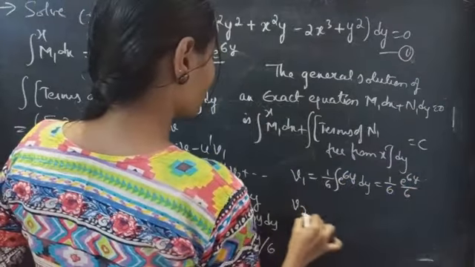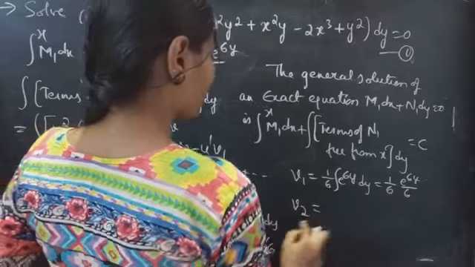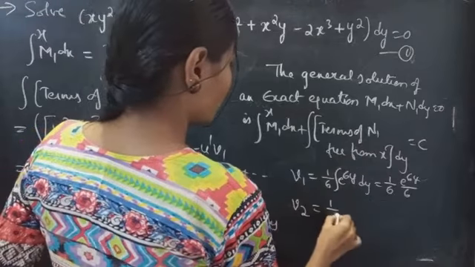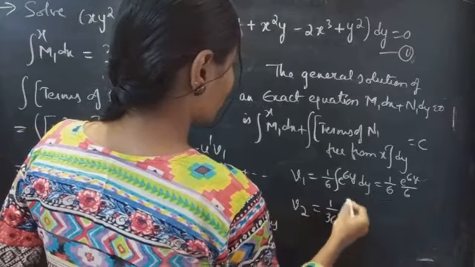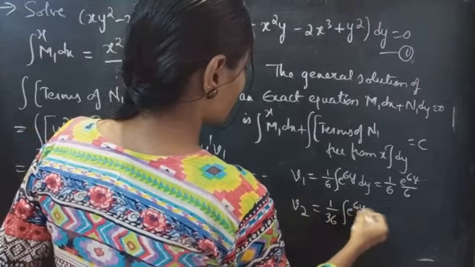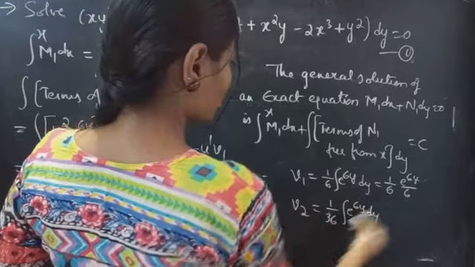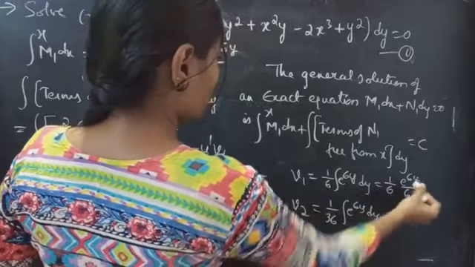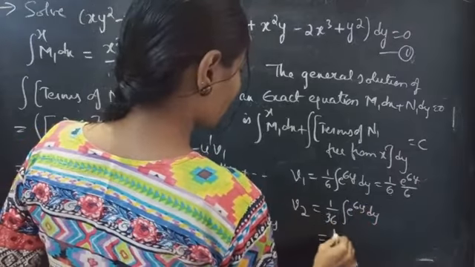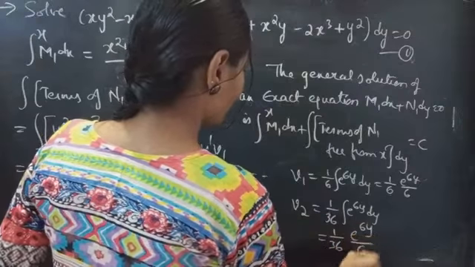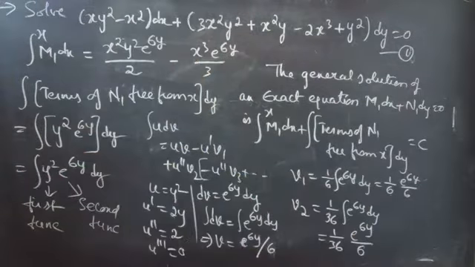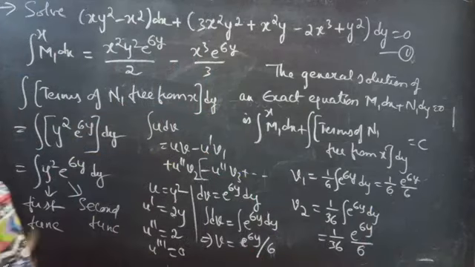Now find v2. Integral v1 will be our v2. 1 by 6 into 6 is 36, into integral e power 6y dy, which is equal to 1 by 36 into e power 6y by 6. Now we can apply this formula.